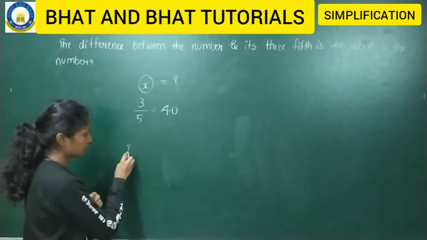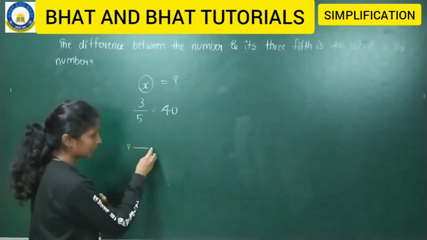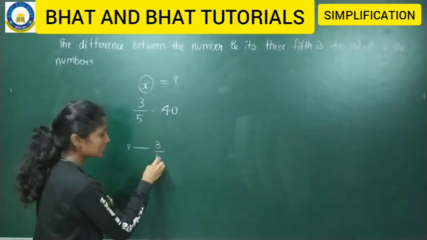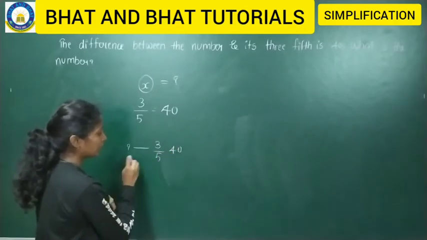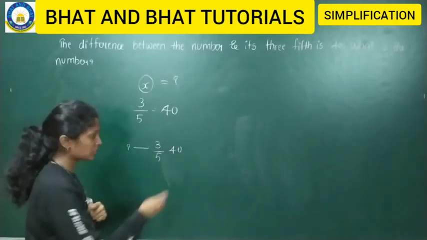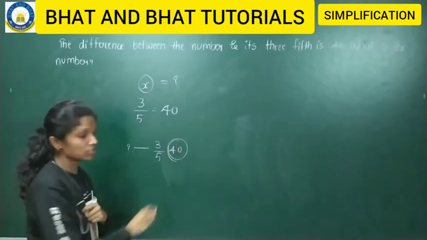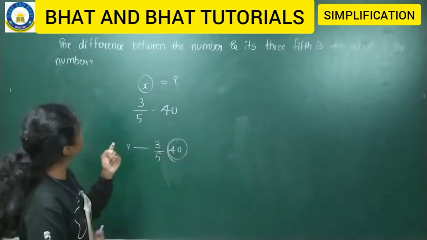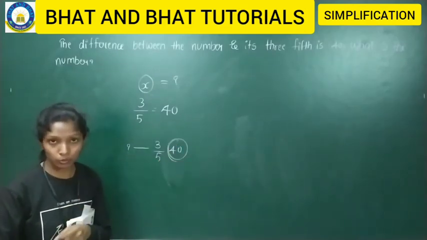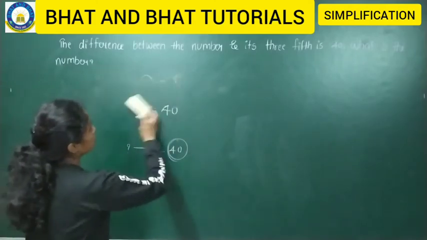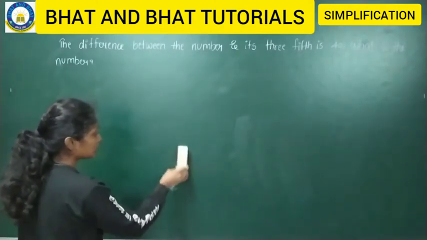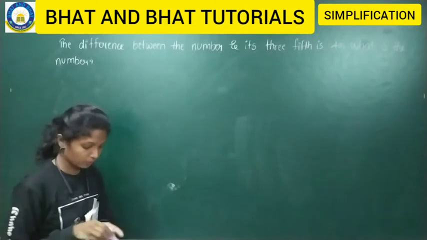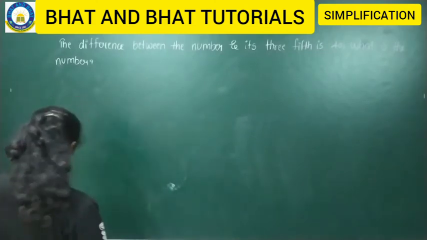So you don't know the number, and the difference between that number and its 3/5 part is 40. And you have to find out that particular number. So now we'll move on to the solution. Once I do the solution, you will understand. See the solution now.